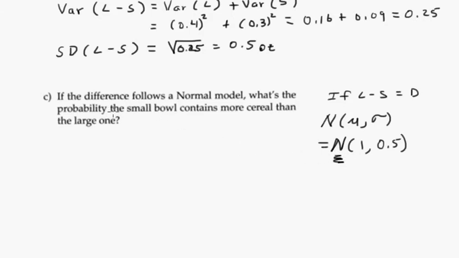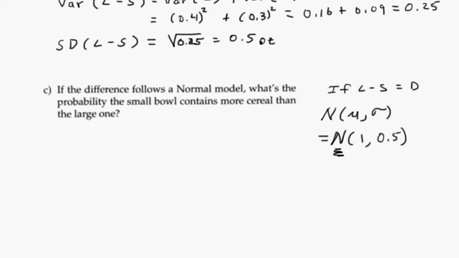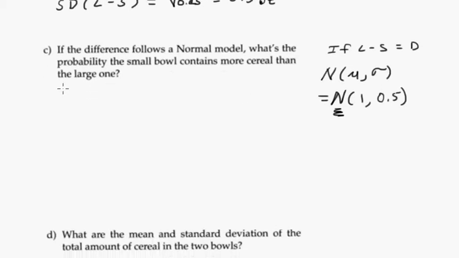So they ask, what's the probability that the small bowl contains more than the large one? So we're interested in the probability of L minus S. If the small bowl has more in it than the large bowl, then the difference would be negative. So we would say less than 0.